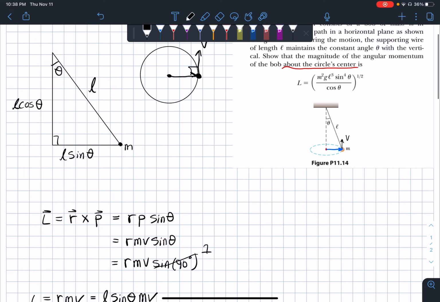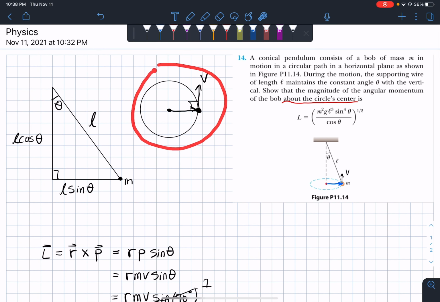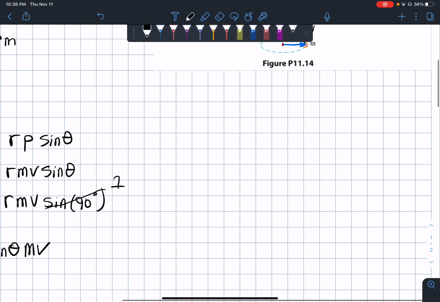So the next step: right here I drew a top-down view, so I'm actually going to draw a side view over here. So here's the mass, and it's traveling in a circle that is into the screen. From this perspective, this would be the force of gravity acting.